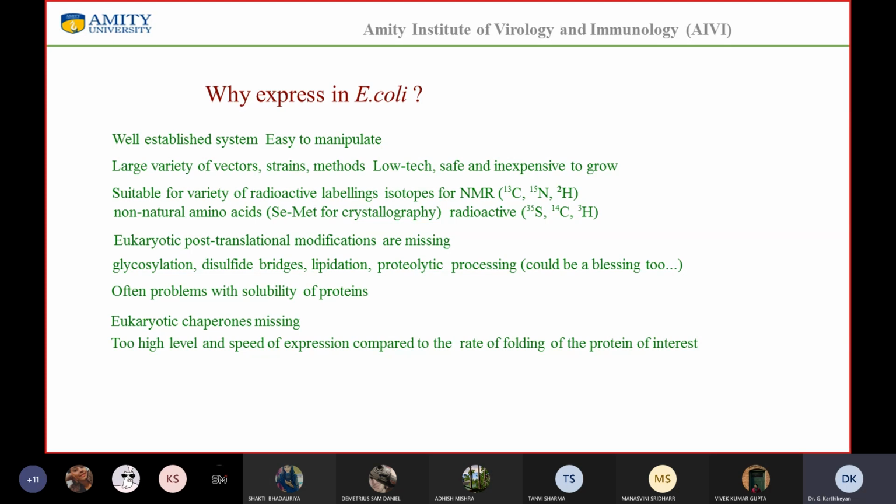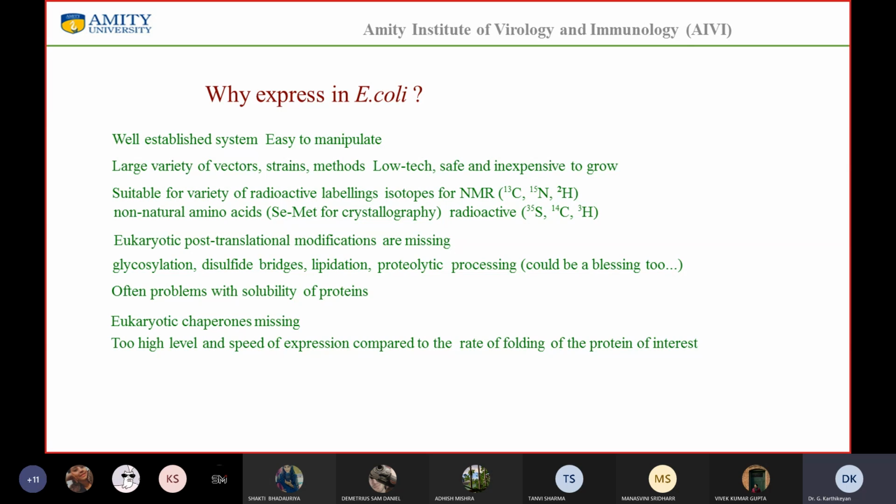Depending on which system you use, we will discuss one system today. Depending on the level and the amount of expression, you can play around with the conditions for expression.